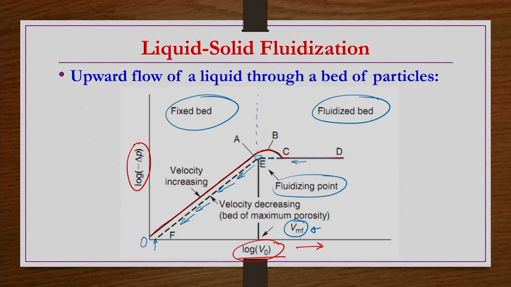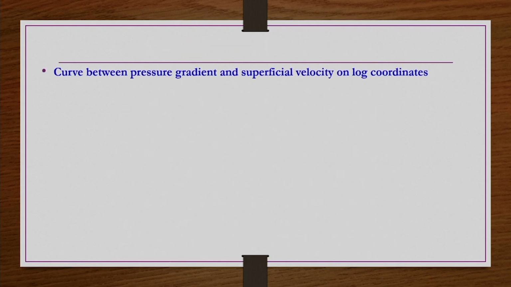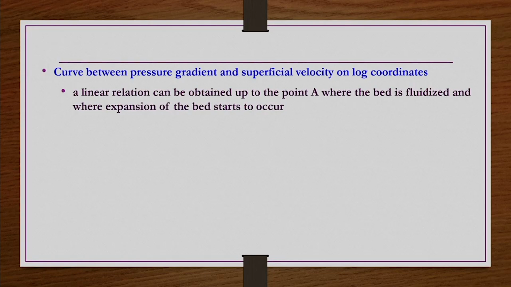Whatever details we have discussed in this figure, the same thing is presented here in text form as notes. The curve between pressure gradient and superficial velocity, when you plot on log coordinates for a bed which is not constrained at the top, with flow from bottom to top as an upward motion, gives a linear relation up to point A where the bed is fluidized and expansion of the bed starts to occur.